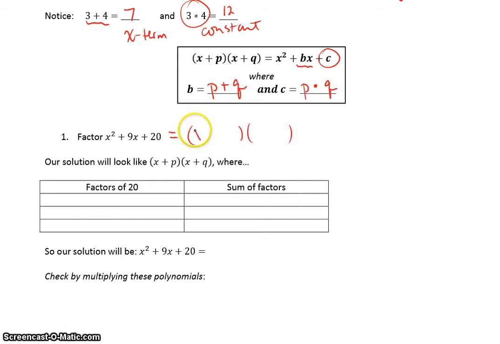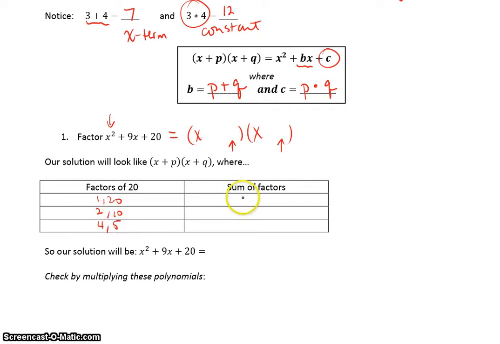Well, first, we know that we must have multiplied two x's together to get x squared. 1x times 1x is x squared. Our next job is to figure out what were the two numbers in the parentheses. Look at this box. The factors of 20 are 1 and 20, 2 and 10, and 4 and 5.